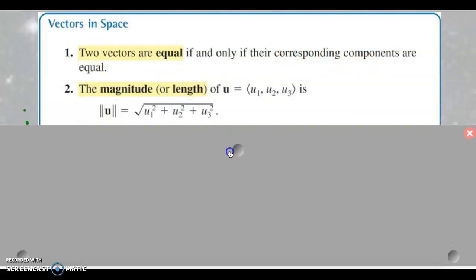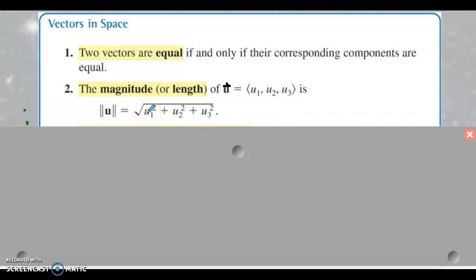Number 2, the magnitude or length of a vector, so this is vector u, has its 3 components, and it's the exact same way we found magnitude in 2 dimensions. We're going to take the square root of u sub 1 squared plus u sub 2 squared plus u sub 3 squared. And you can do this given the vector itself or from 2 points.